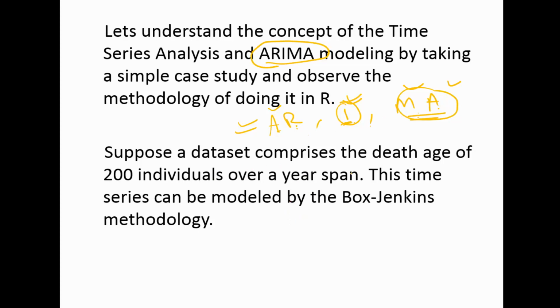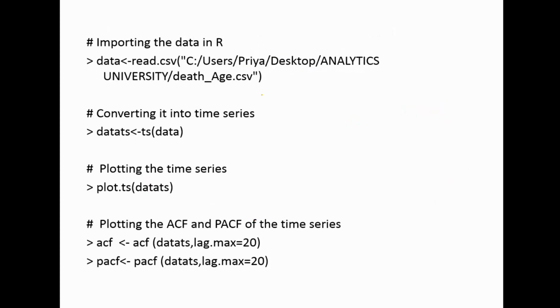This is a data set with the death age of 200 individuals. So this is sort of a time series model. How do we do it? First take it inside, do the plots, and see if there is a pattern.